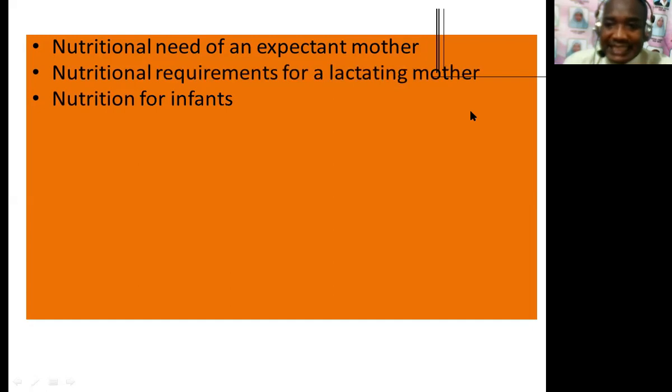The main function of colostrum is to boost the baby's immunity, that is to make the body able to fight against diseases, that is the body defense system.